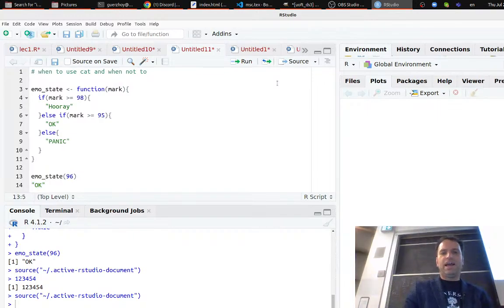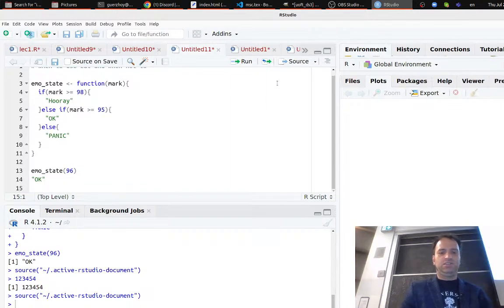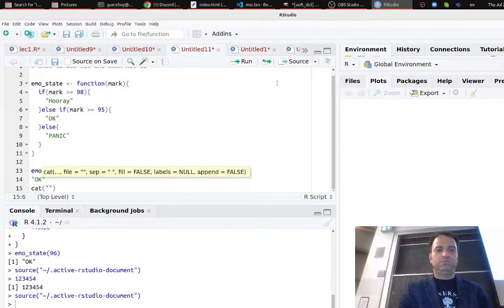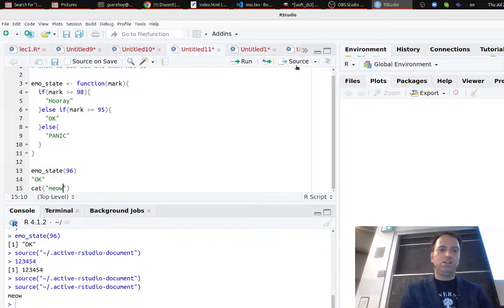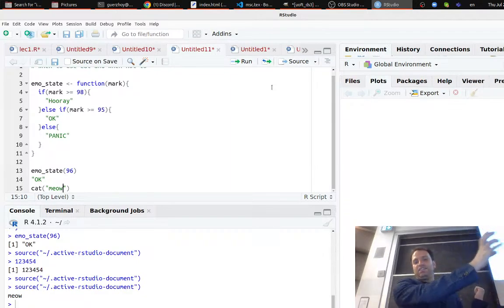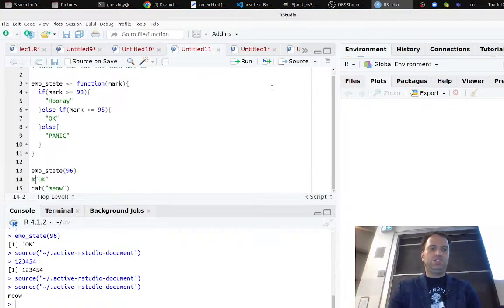On the other hand, if you say cat, whatever, meow, that will say meow, right? Because the cat is saying to the computer, print me something to the screen. So this I'll just comment out.